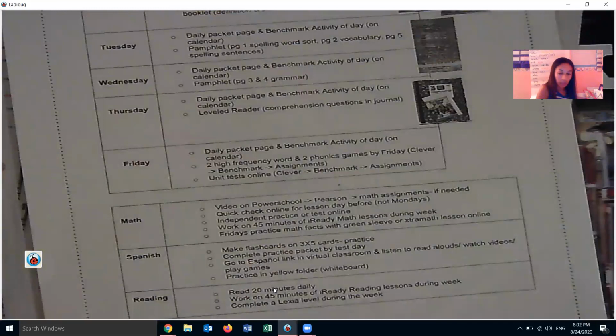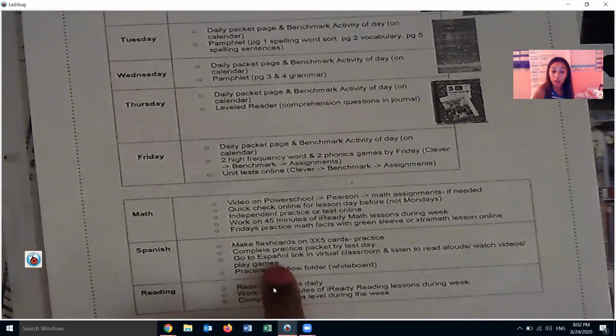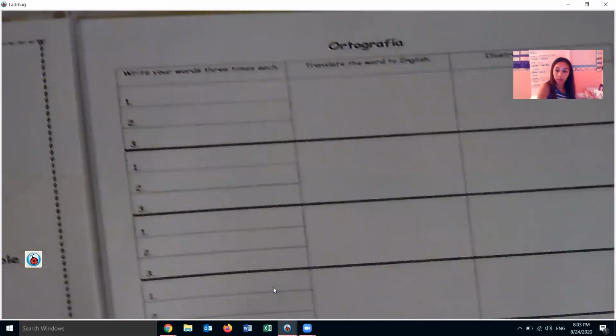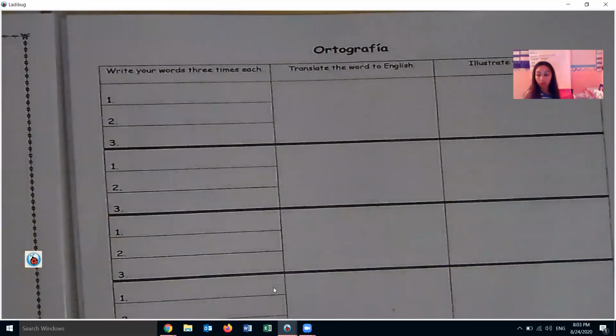So practice that Spanish however you'd like with the link on Seesaw in our virtual classroom, with the packet, with flashcards, with the whiteboard. I'll just go back here one last time just as a reminder of how to use this. So here you can just practice a few of your words at a time.